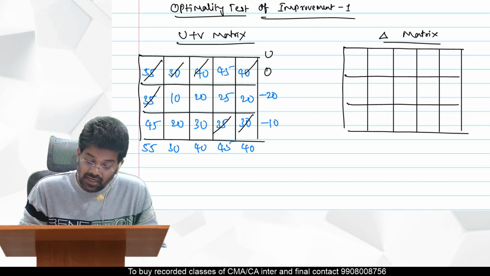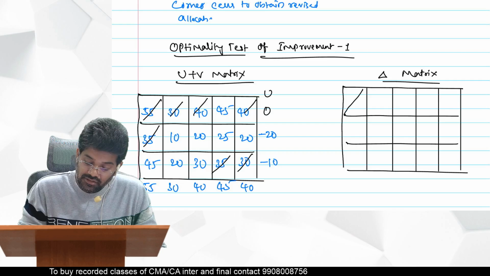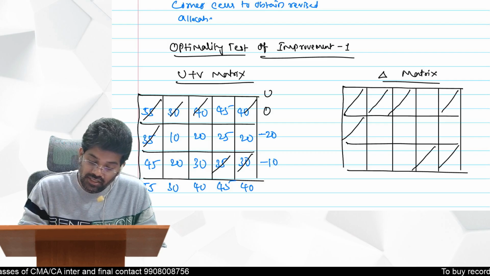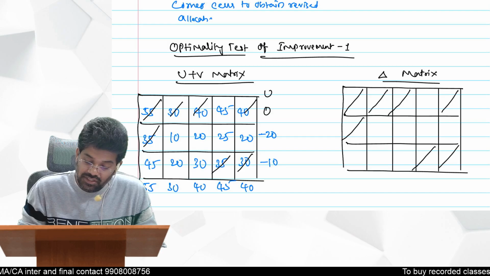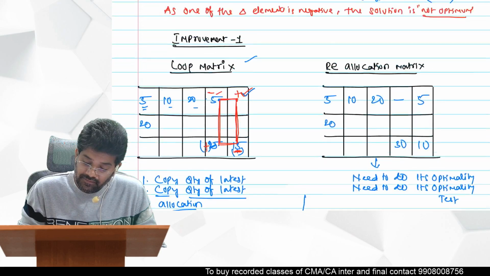Now the change matrix. For allocated cells, don't take any change. Only unallocated you take the change. So what is the change you are getting here? Original cost is how much for this cell?